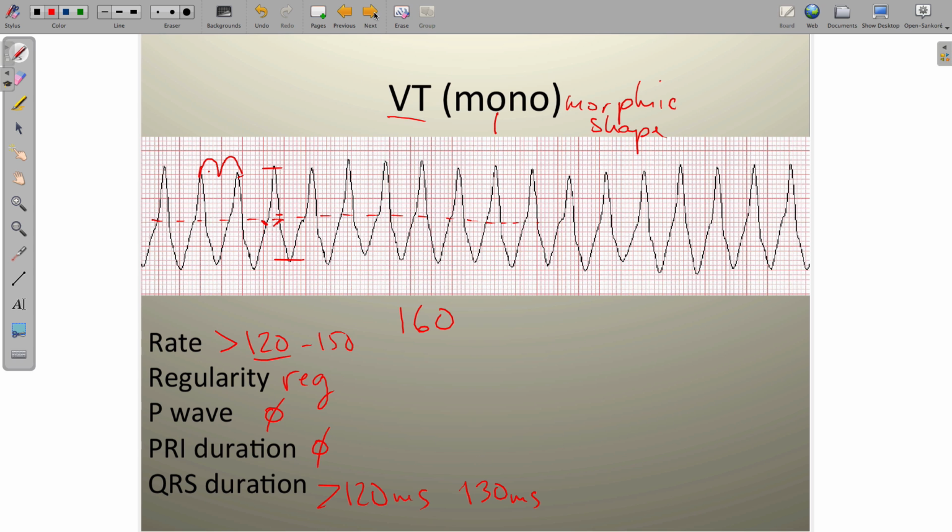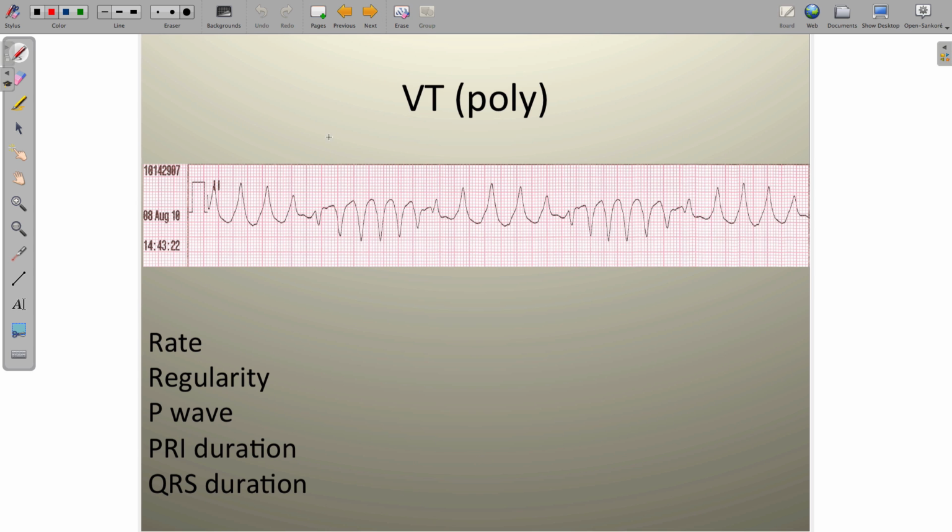All right, so I want to talk to you now a little bit about my favorite ventricular tachycardia. My favorite ventricular tachycardia is called polymorphic VTAC. Polymorphic VTAC is another type of ventricular tachycardia where the amplitudes of the QRS complex change, and you'll see that.